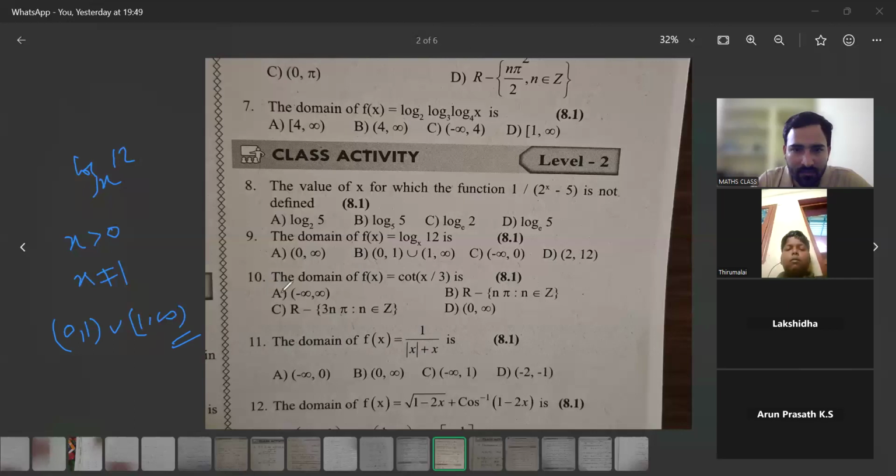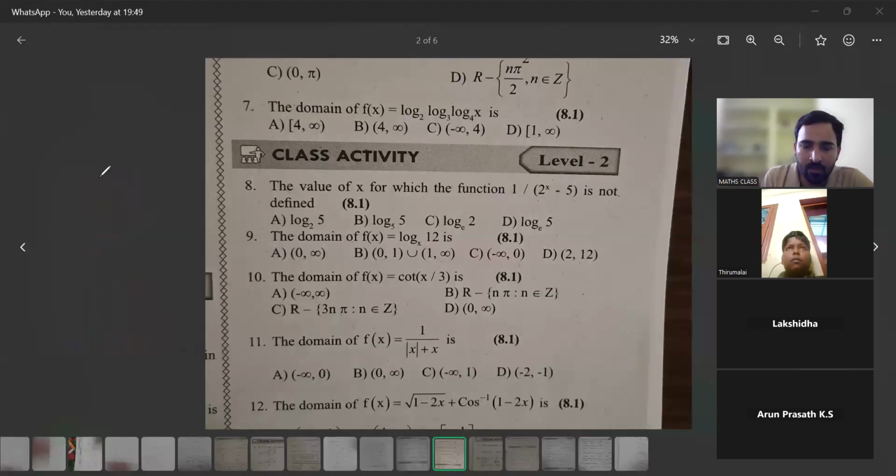Next, question number 10. Domain of f(x) equals cot x by 3. Option C. Okay, right. So here cot x by 3. Actually, what is the domain of cot x?